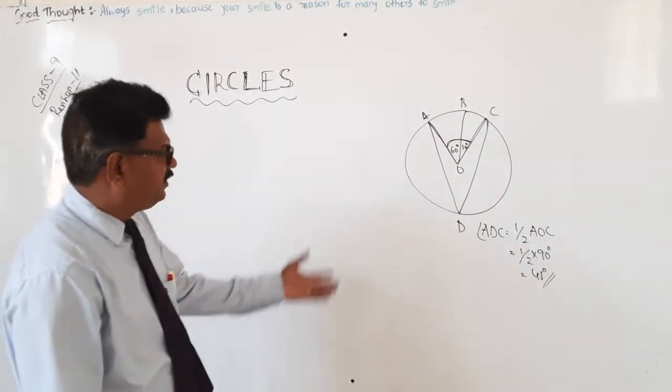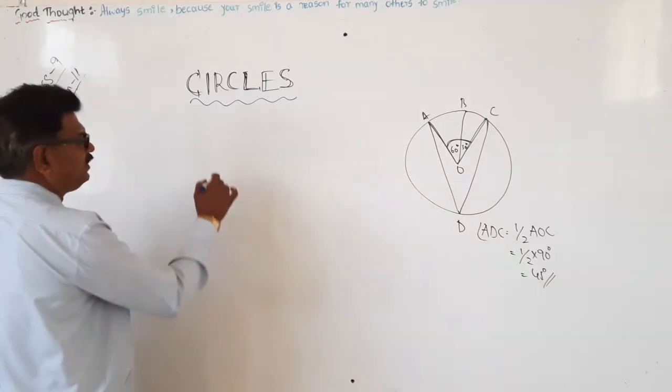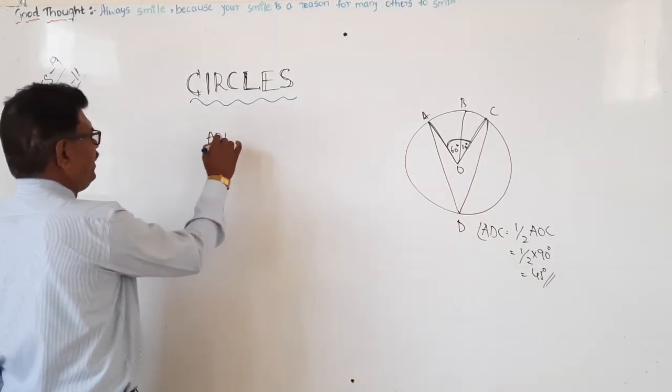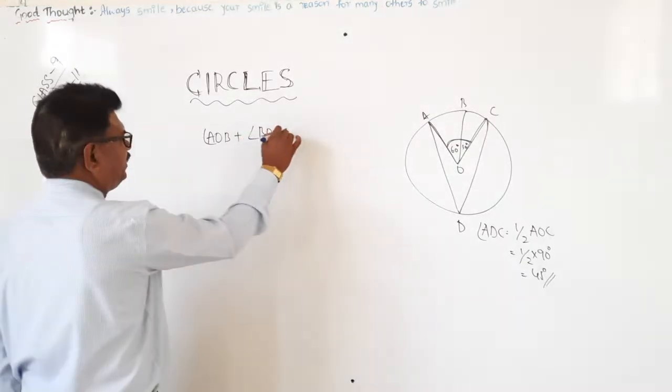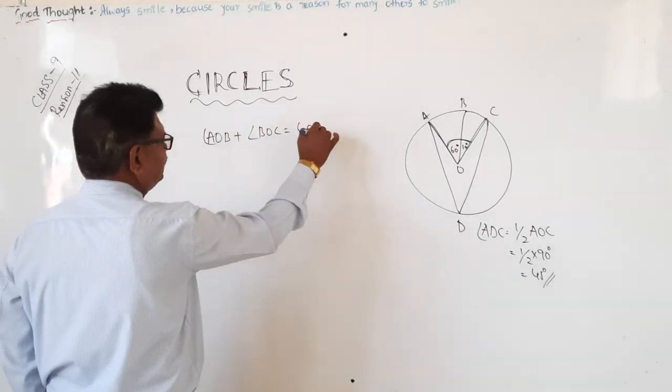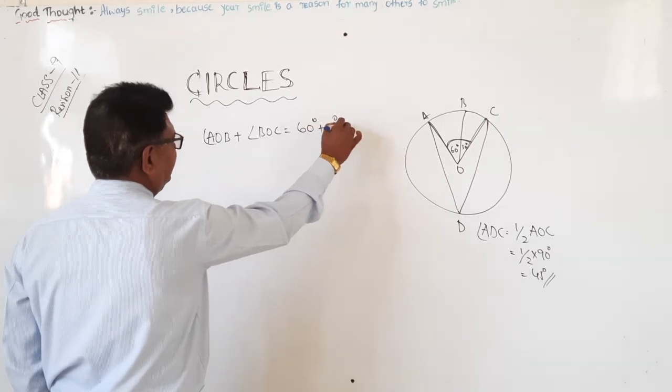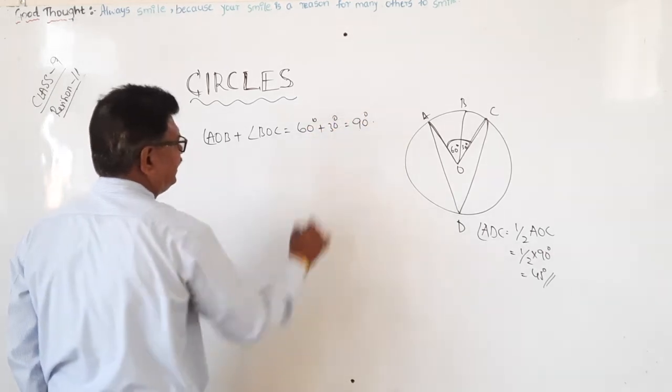Therefore you can write AOB plus BOC is equal to how much? 60 degrees plus 30 degrees is equal to 90 degrees.